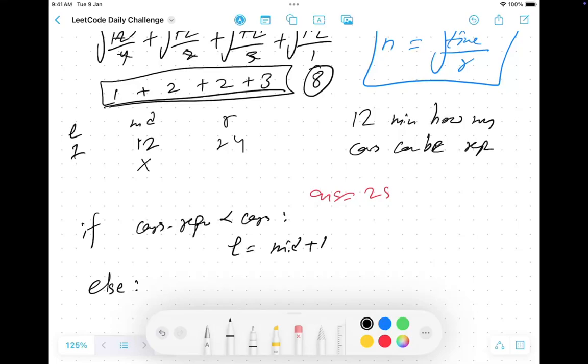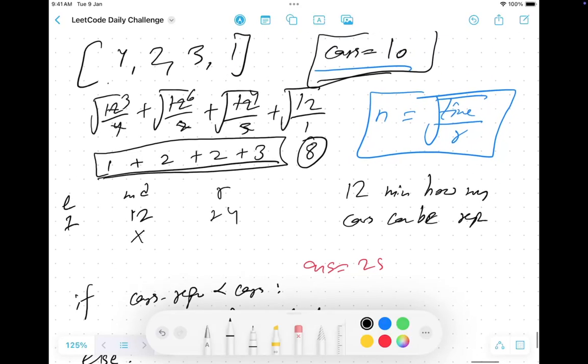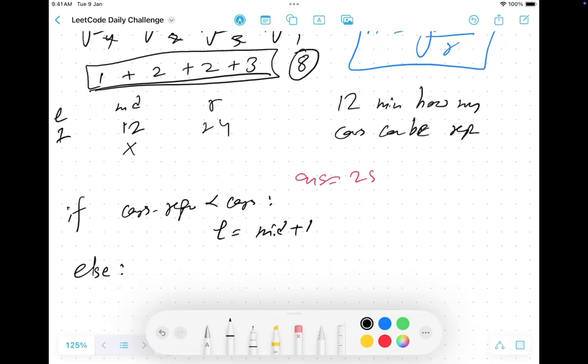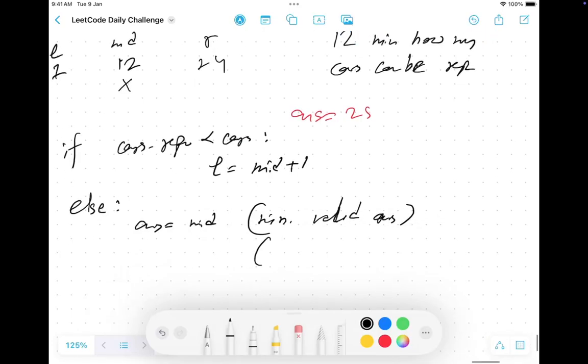Else the cars can be repaired, the 10 cars can be repaired, or more than 10 cars can be repaired. So mid is a valid answer. Mid minutes is a valid answer, or we are trying to find the minimum time. So I am going on the left hand side.